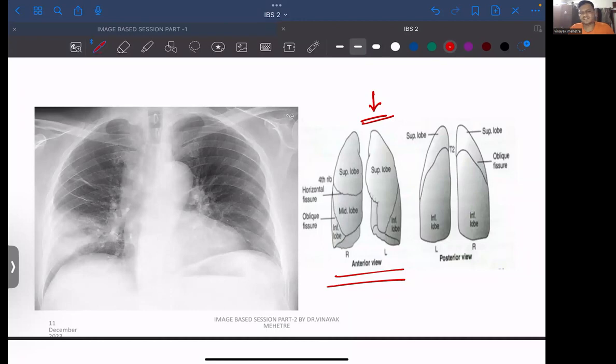Most common organism causing community acquired pneumonia. Most common organism causing hospital acquired pneumonia. Most common organism causing ventilator acquired pneumonia. Most common organism causing pneumonia in an alcoholic.